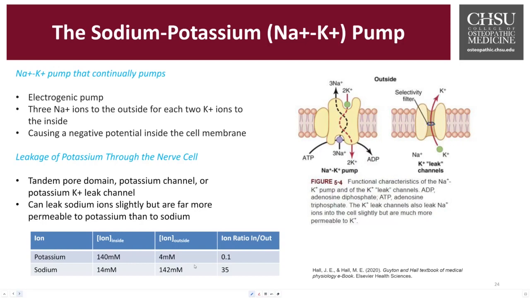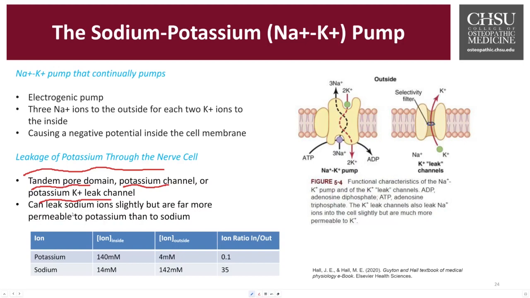The RMP is chiefly a consequence of the movement of ions across the membrane, but we also have to take into consideration that there are plenty of leak channels, leak potassium and leak sodium channels. The leakage channel for potassium through the nerve cell is probably the most important part. These channels are also called the tandem pore domain potassium channels, better known as leaky potassium channels, and they have a higher affinity to allow potassium to go through than sodium, even though sodium can go through the same channel.